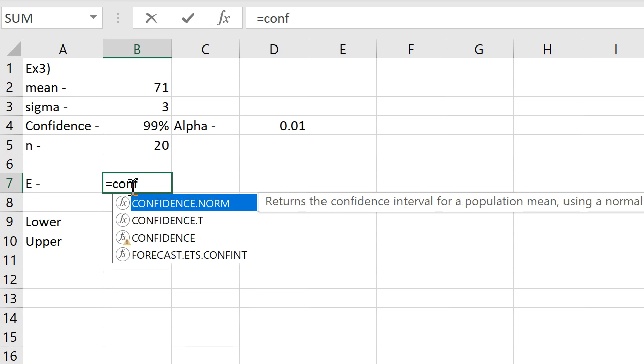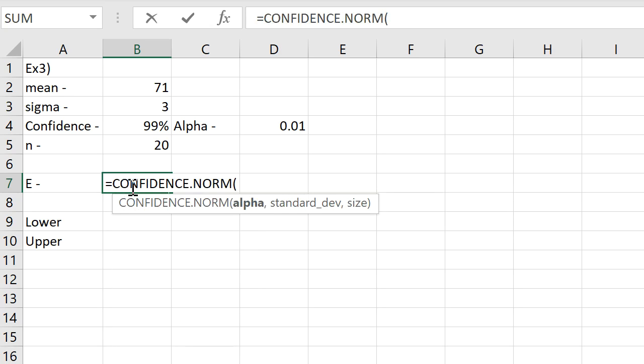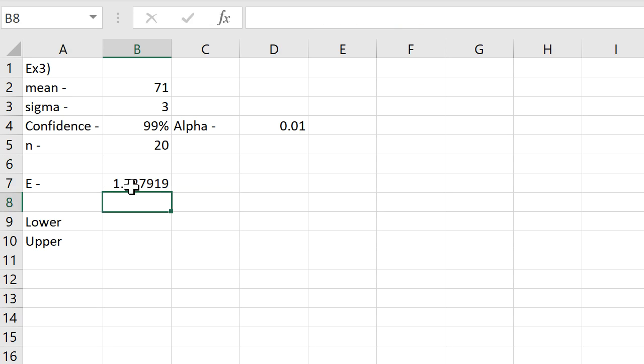Remember, it's going to be equals CONFIDENCE.NORM of our alpha, 0.01, our standard deviation, which is 3, and our size, which is 20. So we get a margin of error of about 1.73 inches.